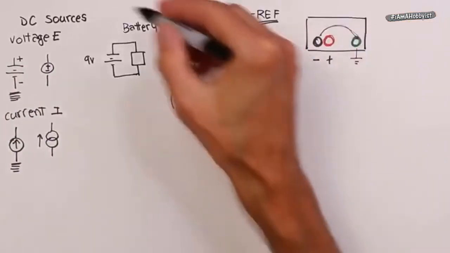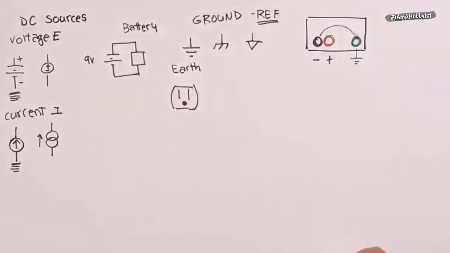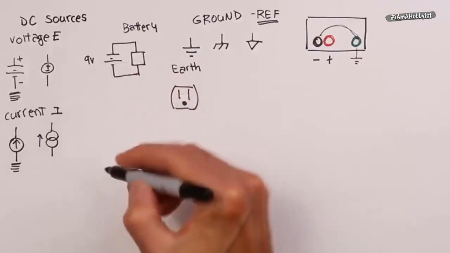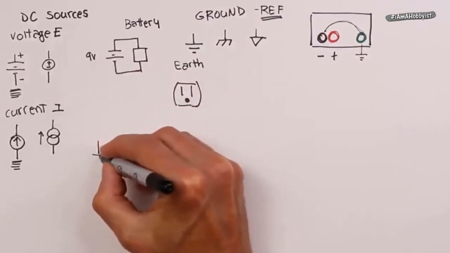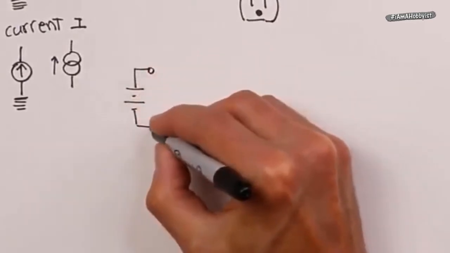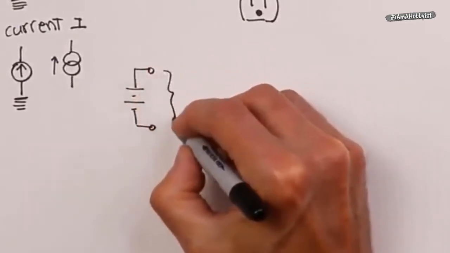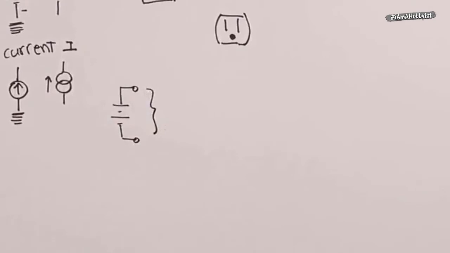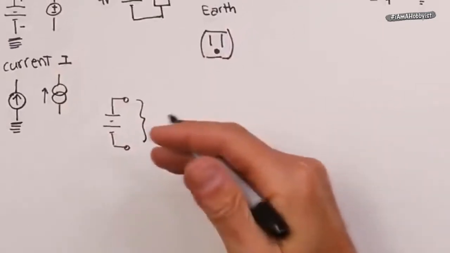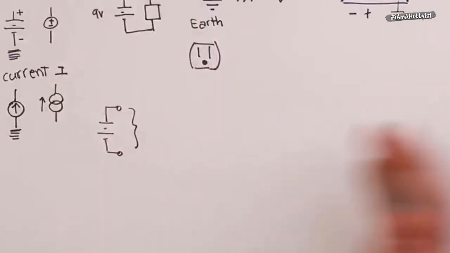Now let's continue with our battery source. If we were to take our idealized battery and measure this voltage, that would never change. It would be a fixed value, whatever the voltage rating is of the 9-volt battery, a 6-volt battery, a 12-volt battery, and that would be like it forever.